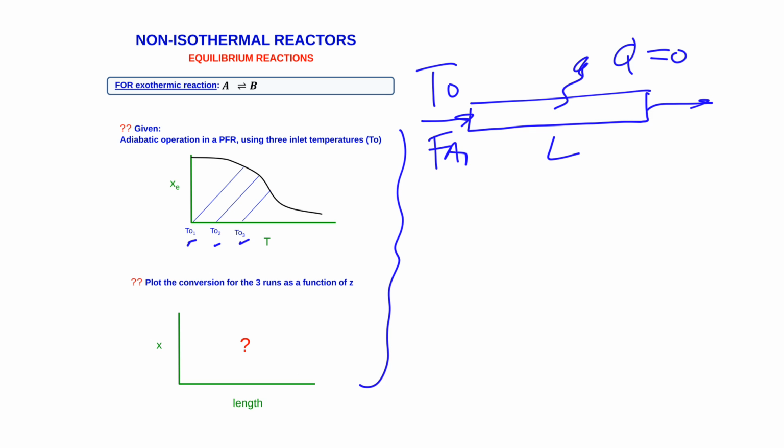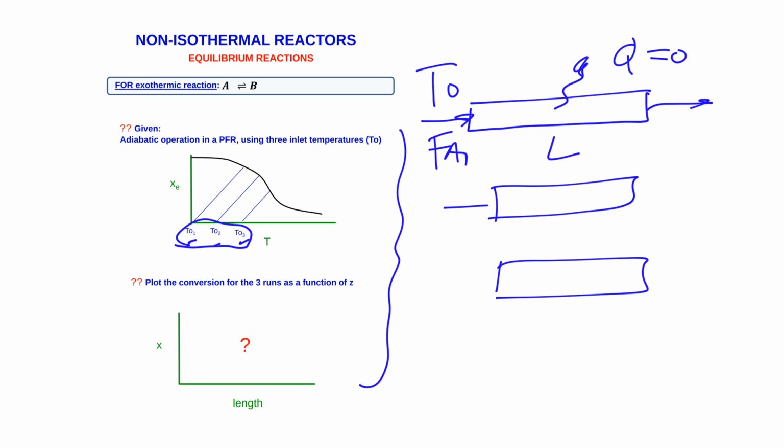And along the length of the reactor, for the 3 different possible scenarios, so in reactor 1, in reactor 2, and in reactor 3, where I have the 3 different temperatures, I would like you to, on the same axis set, draw a qualitative figure of the shape of X of A as a function of the length of my reactor, length or volume or mass, but the shape of that X figure will remain the same.